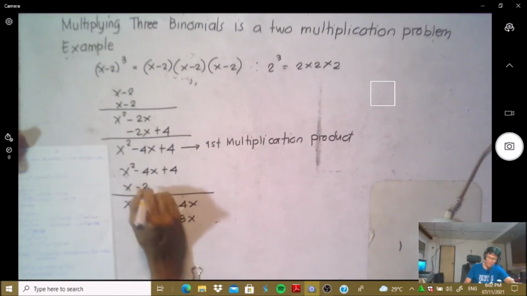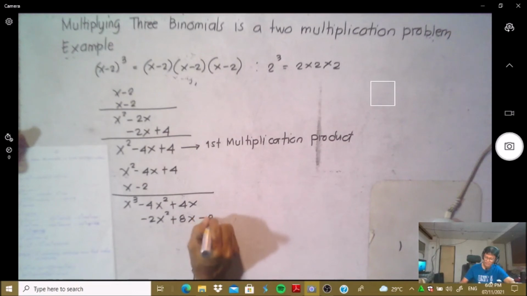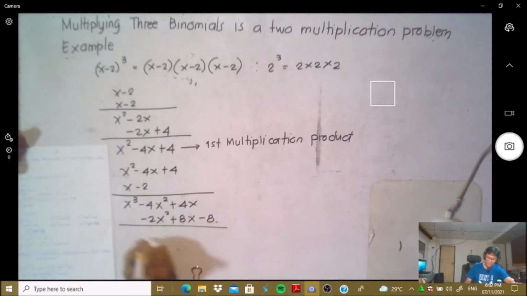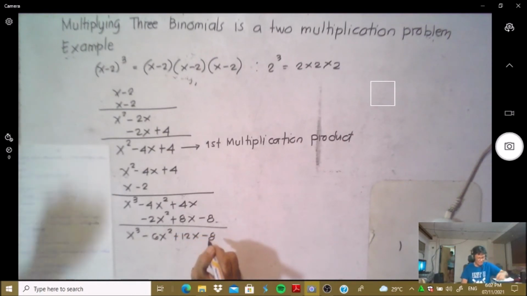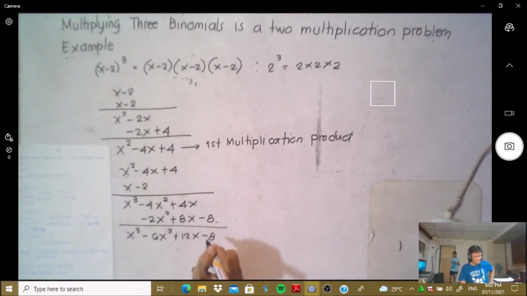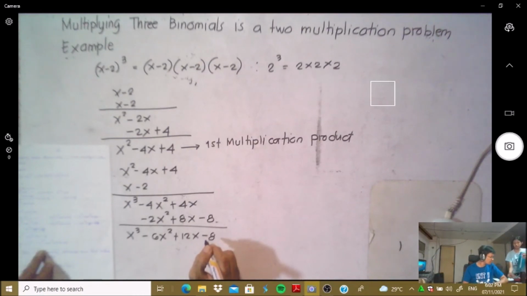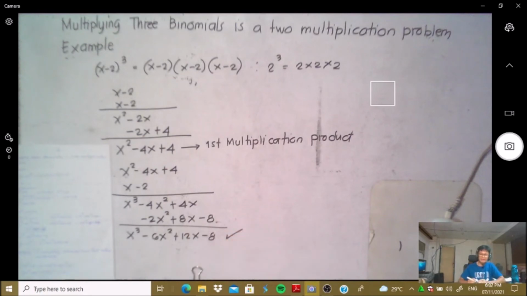Then negative 2 multiplied by positive 4 is negative 8. Then we can now combine. Therefore, we have x cubed minus 6x squared plus 12x minus 8, and this is now our answer.